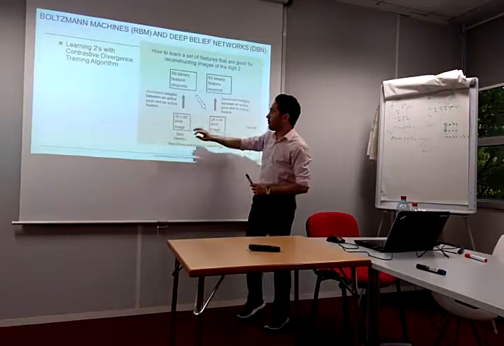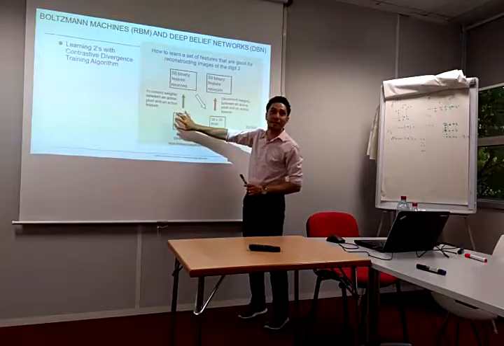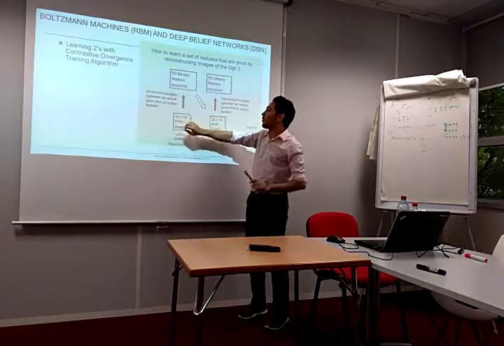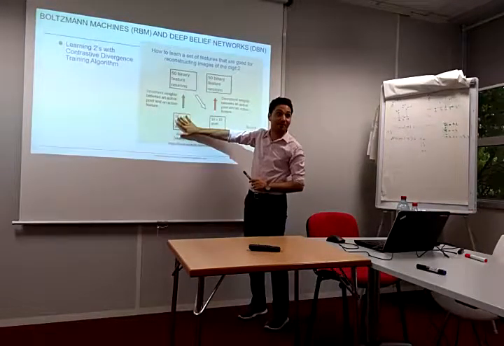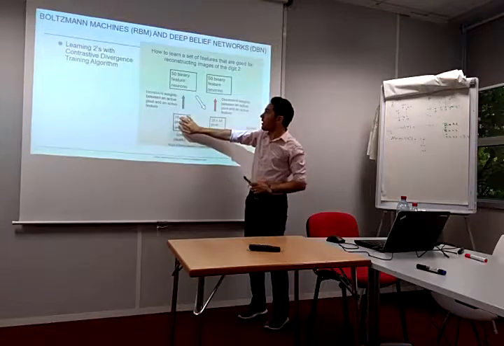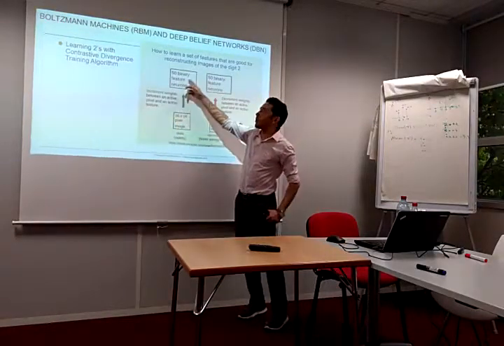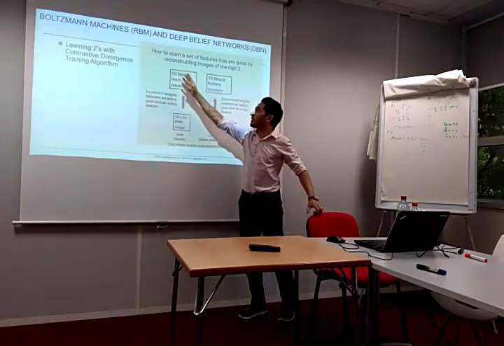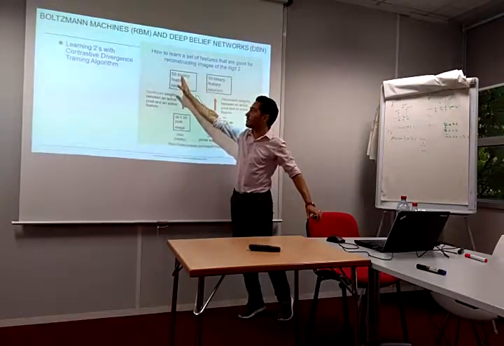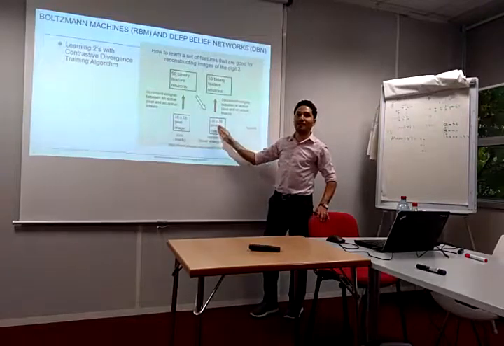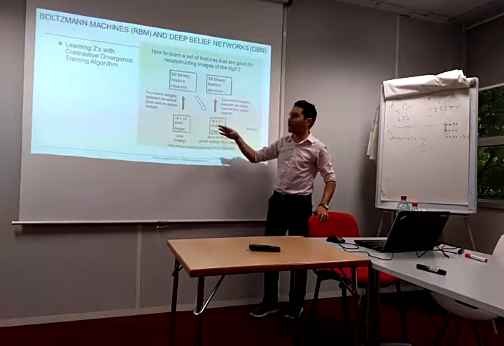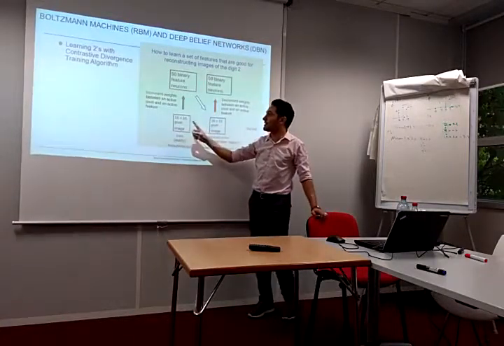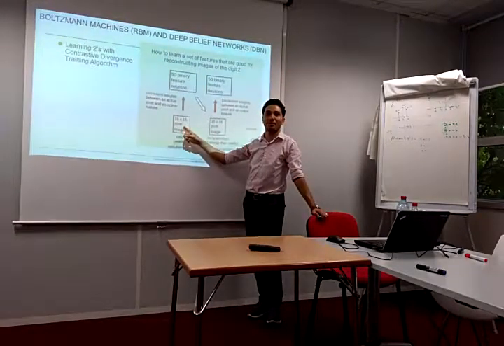Imagine we give the network some image. This is important, by the way. Given this x, we calculate p of h given x, which is a sigmoid. We sample from it, and given that sample h, we calculate p of x given h. It gives the distribution. We sample from it and get a new image here. If this image is the same as this image, what does it mean?